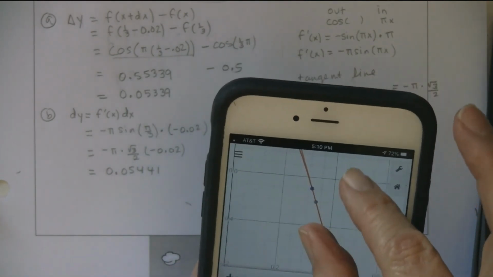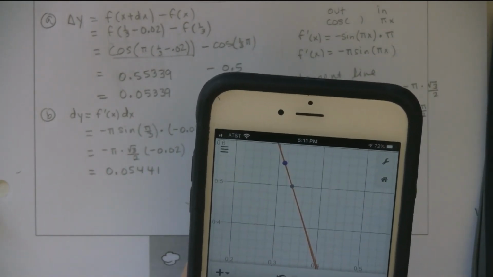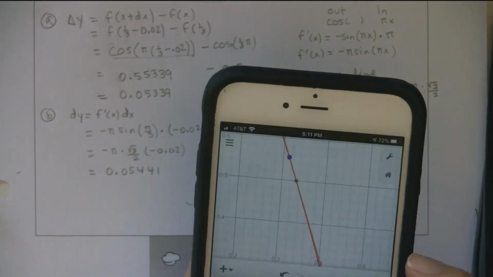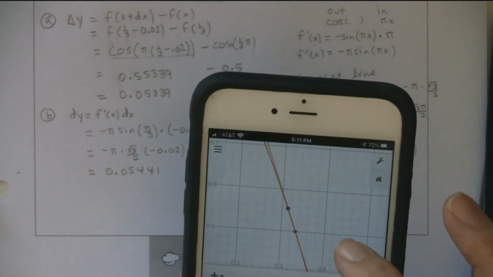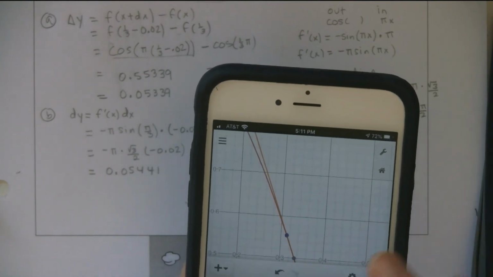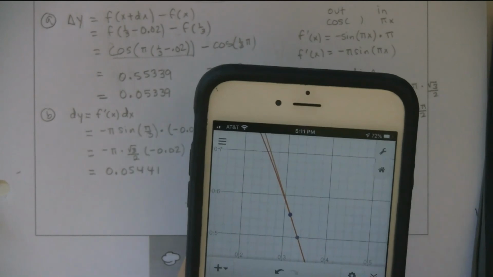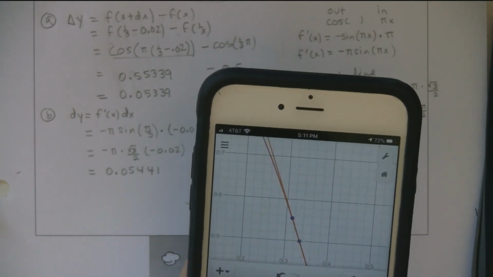I think they're so on top of one another that you cannot even see the difference between the blue and the purple.